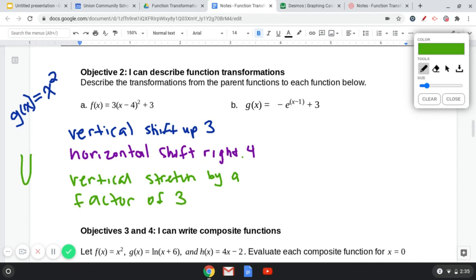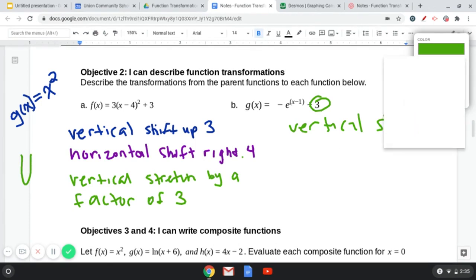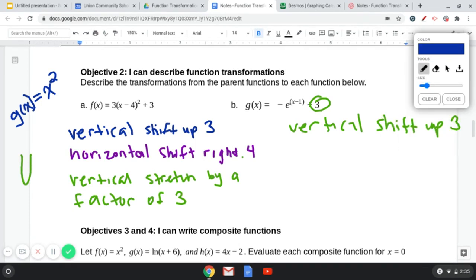All right, now let's take a look at g of x equals negative e to the power of x minus 1, plus 3. So let's take a look at this plus 3. This is a vertical shift up 3. And then we'll take a look at this minus 1 in here.